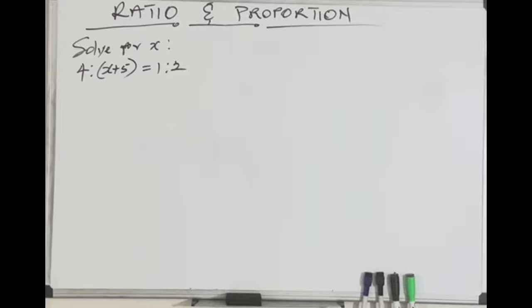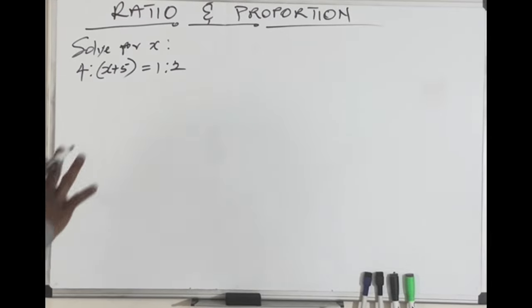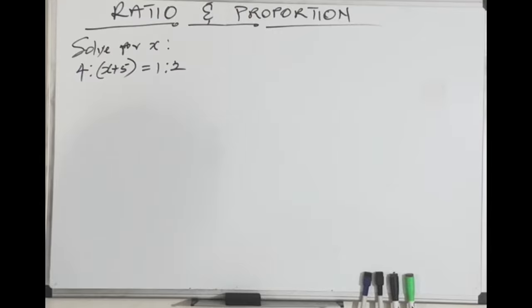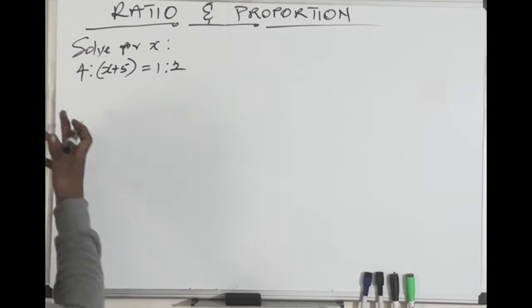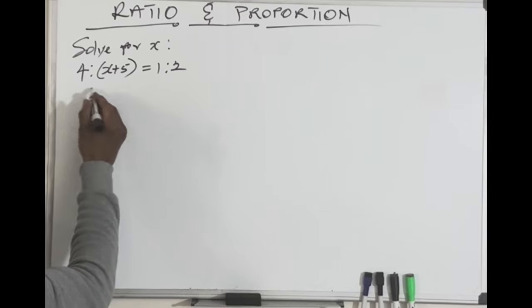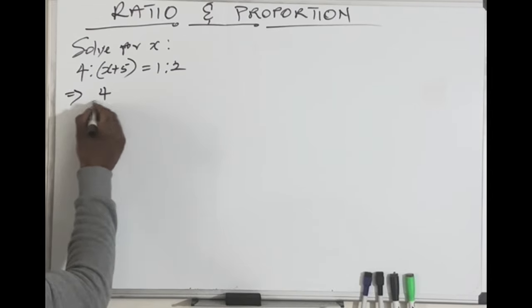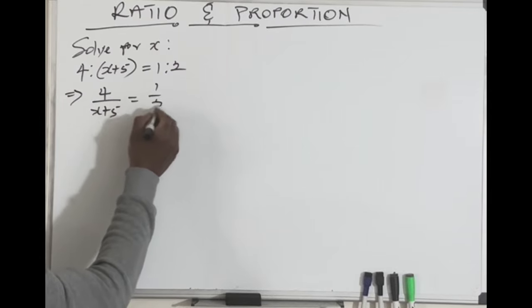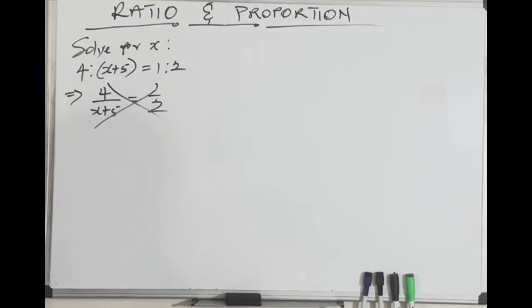Okay, let's try to solve for x in this question. 4 over x plus 5 is equal to 1 over 2. All right, the same process. Do cross multiplication.